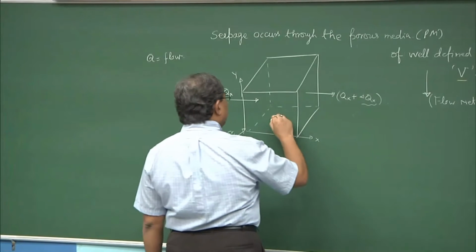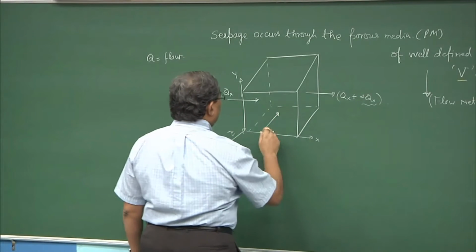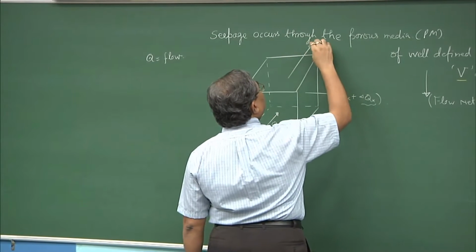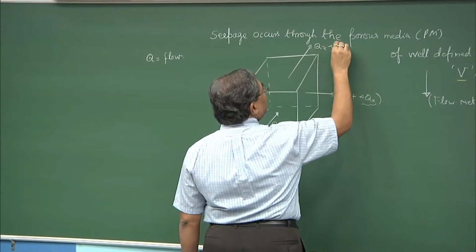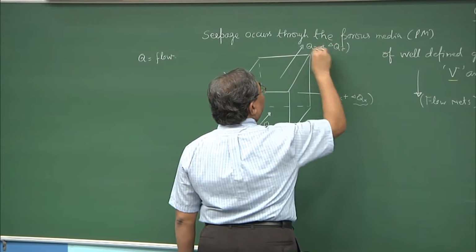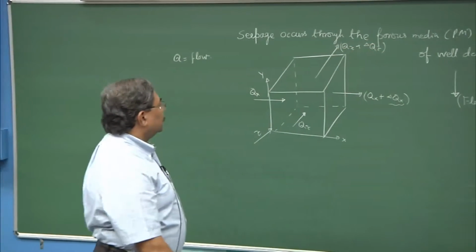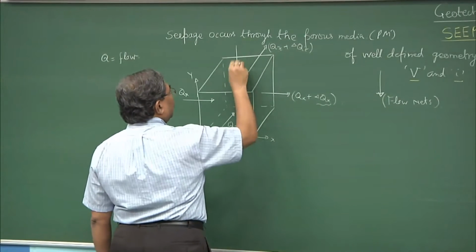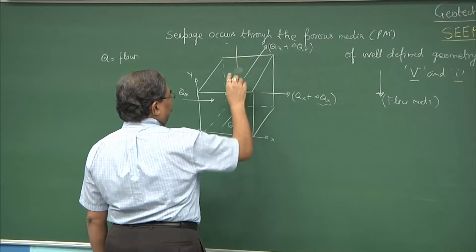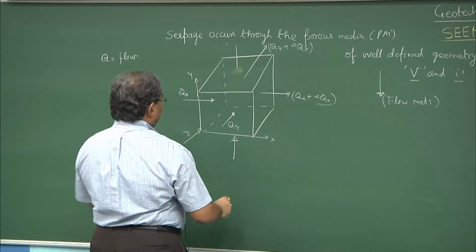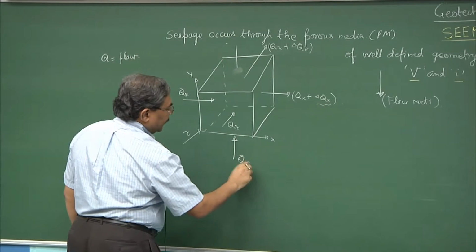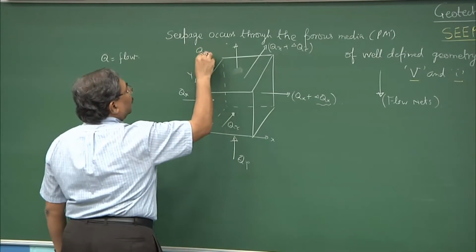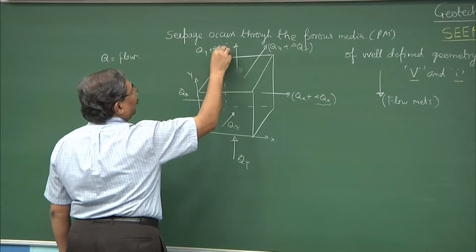In the z direction, this is Qz, and what comes out of the system is Qz plus delta Qz. Similarly, in the y direction, this is the Qy which enters the control volume, and what comes out is Qy plus delta Qy.